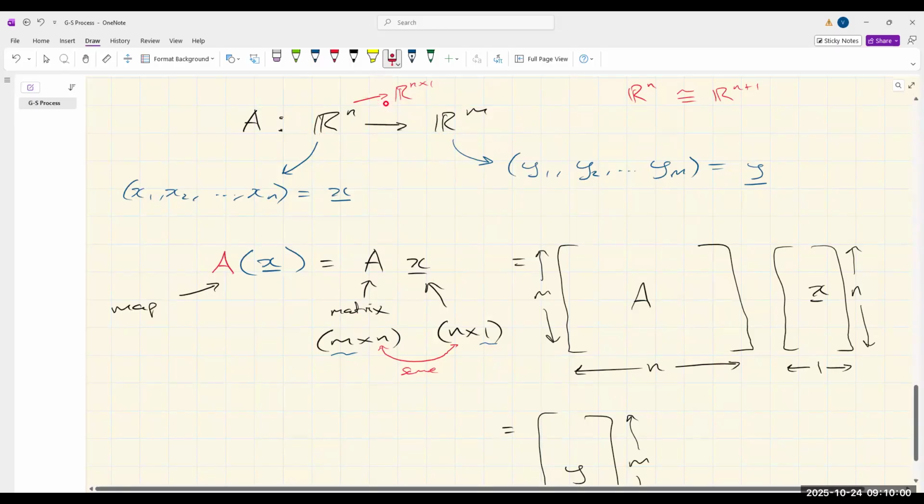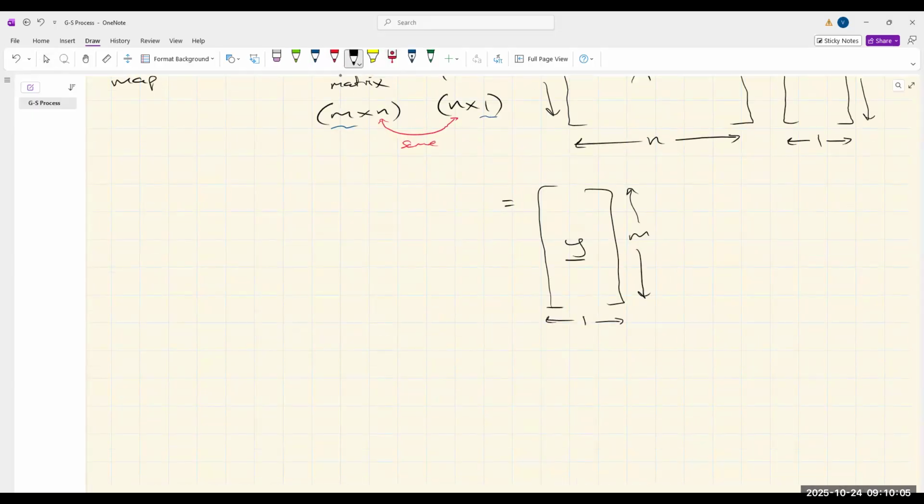Not only that, you could show that this map is a linear transformation. Very easy. Let's do it. Take x1 and x2 be vectors in R^n, then what is A of x1 plus x2? So by definition, that is a matrix that I'm calling A. I know the matrix is the same as the map. Just bear with me. I'm calling the matrix A. So maybe let me write the map in red.